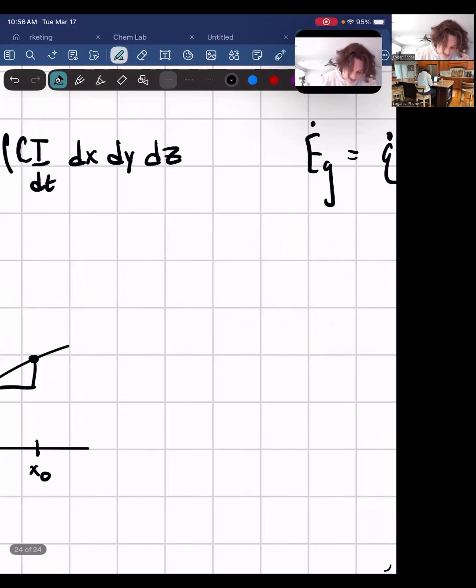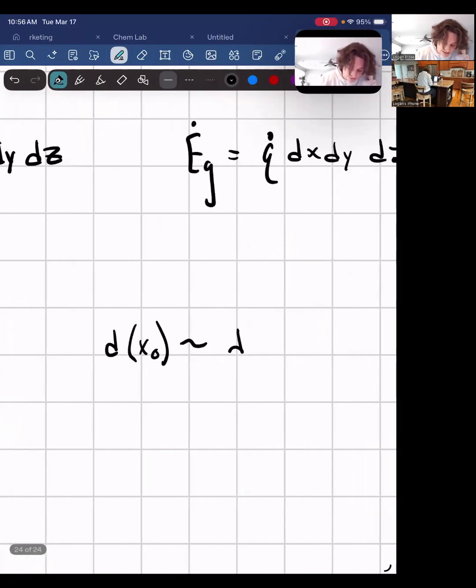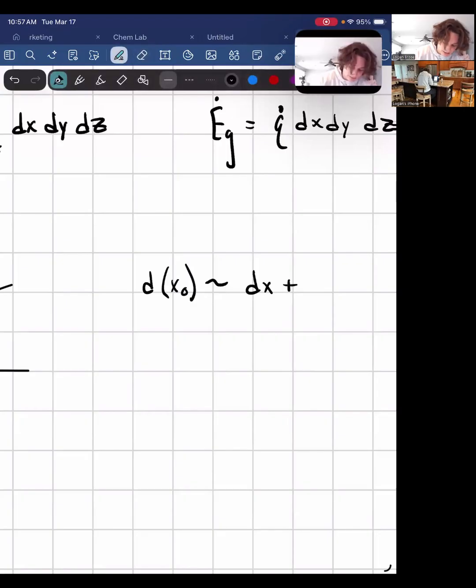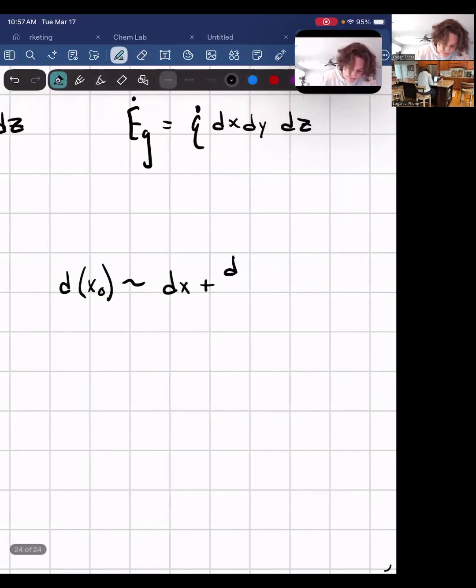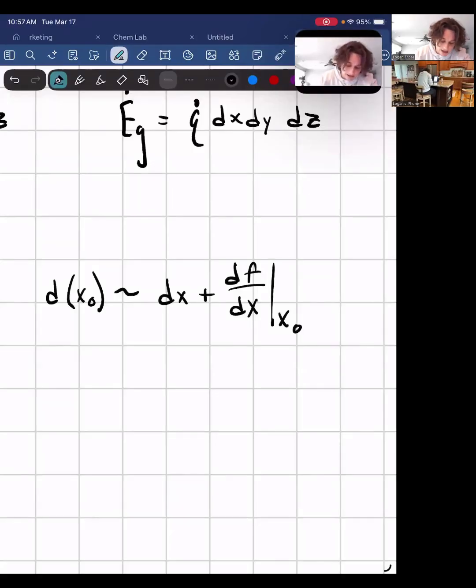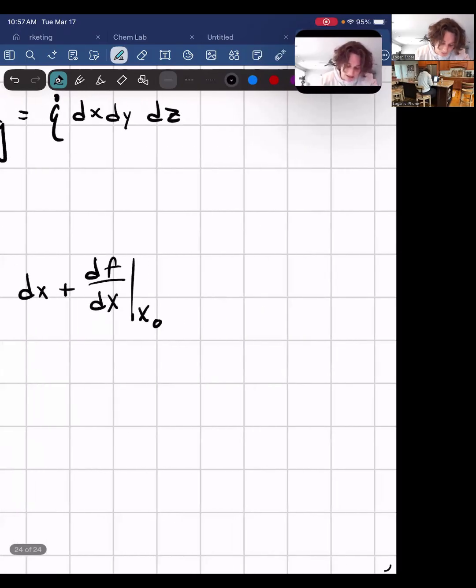So that will look like f(x naught) is similar to f(x) plus df/dx evaluated where x naught, that's our second point, is equal to our first point, and then times the change in our position, right?